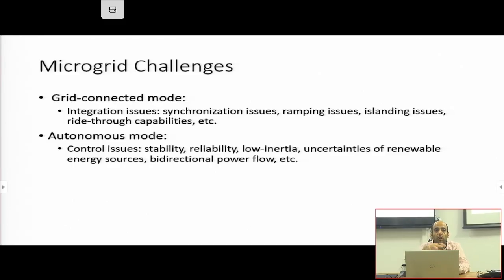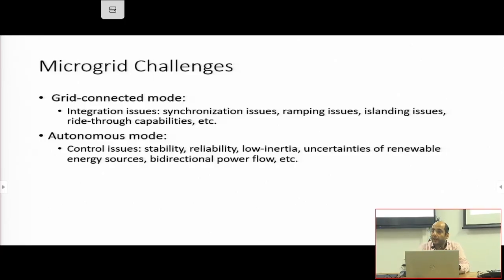Now you talk about stability issues in a classical power system. The issues are mainly voltage stability, frequency stability, angle stability. These are the main stability problems that arise in the power system.